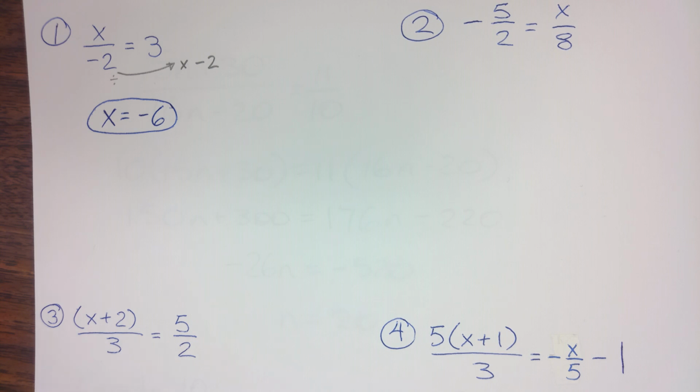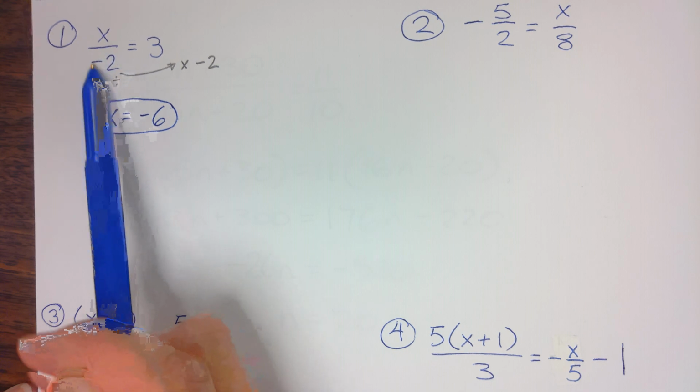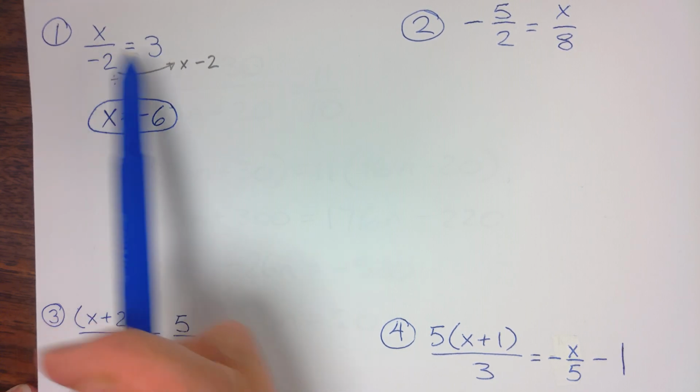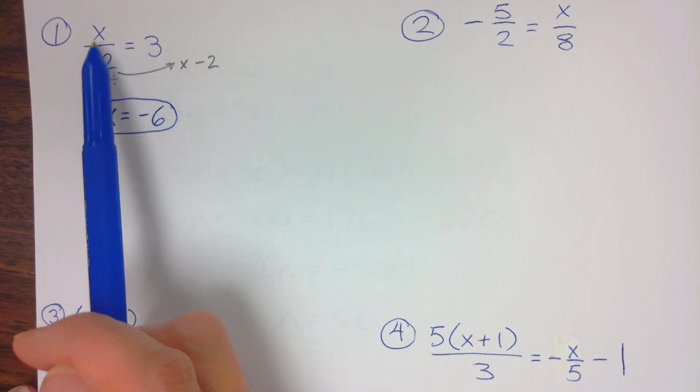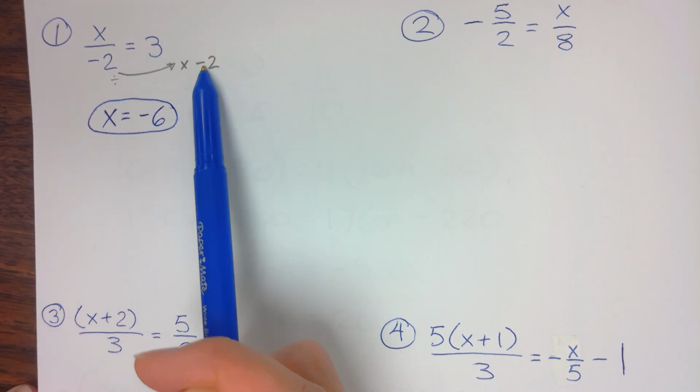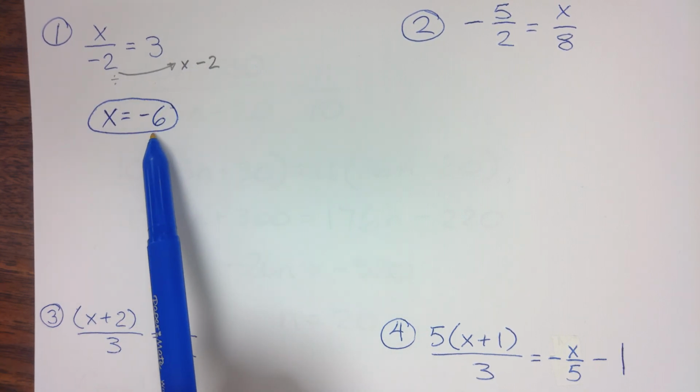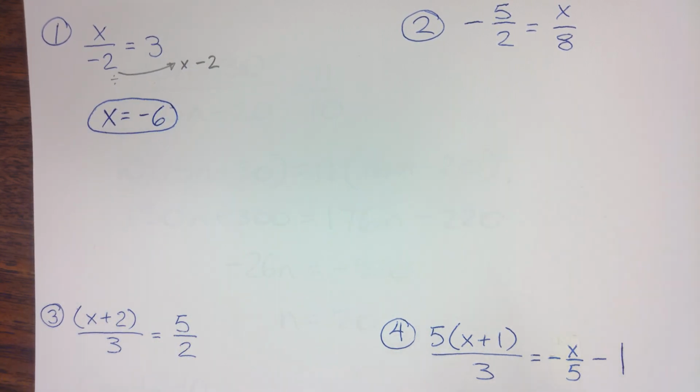You would multiply through by the least common denominator. In this case, my lowest common denominator is -2. If I multiply this by -2, this by -2, I get the same answer. So Tuesday's method, Wednesday's method, both work in this case.